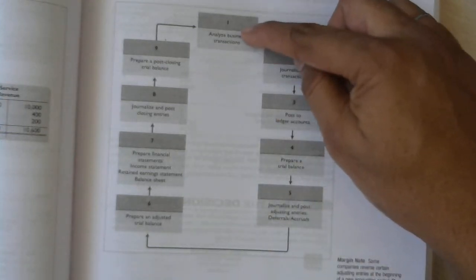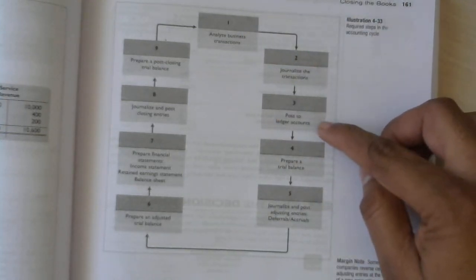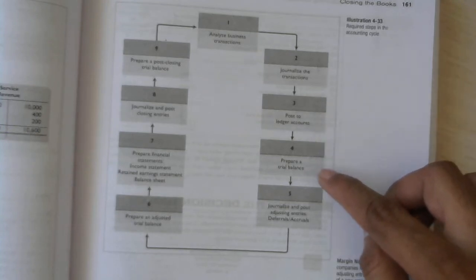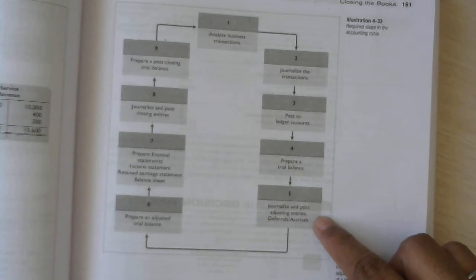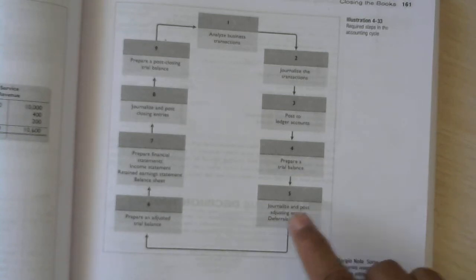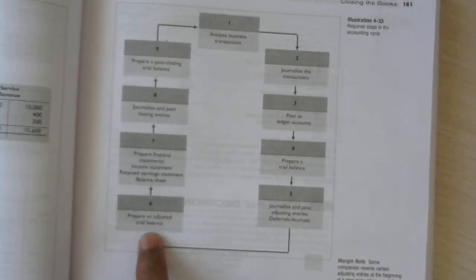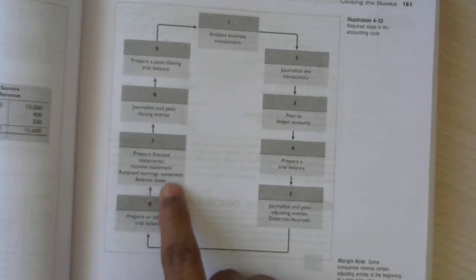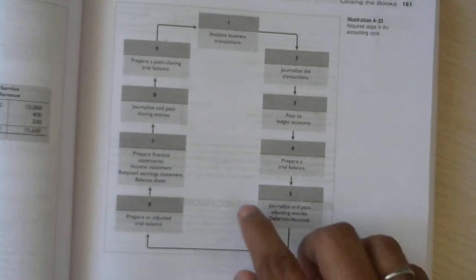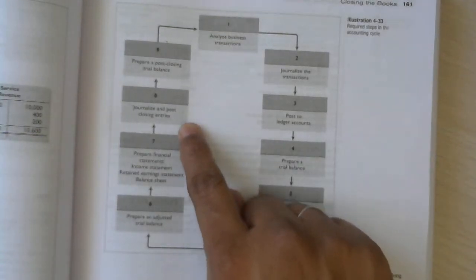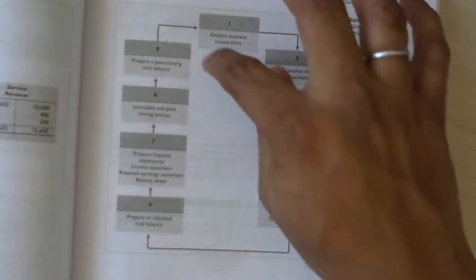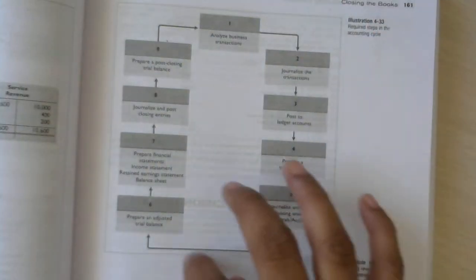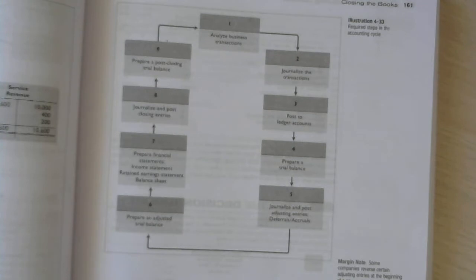It starts with analyzing the transactions, then journalizing the transactions, posting to ledger accounts, preparing a trial balance, journalizing and posting adjusting entries, that is deferrals and accruals, then preparing an adjusted trial balance, preparing financial statements such as the income statement, retained earnings statement and balance sheet, and finally journalizing the closing entries, and finally the post-closing trial balance. So these are the 9 steps involved in one particular accounting cycle.